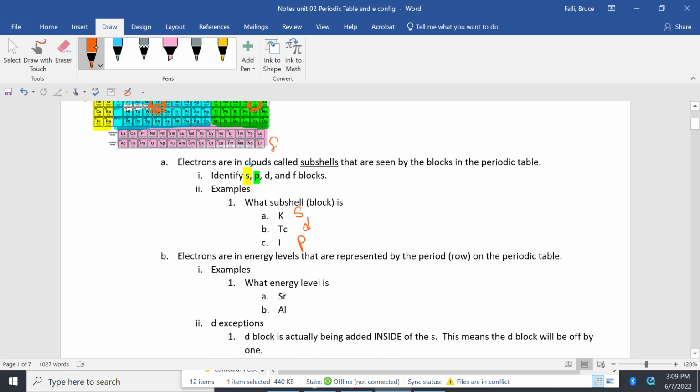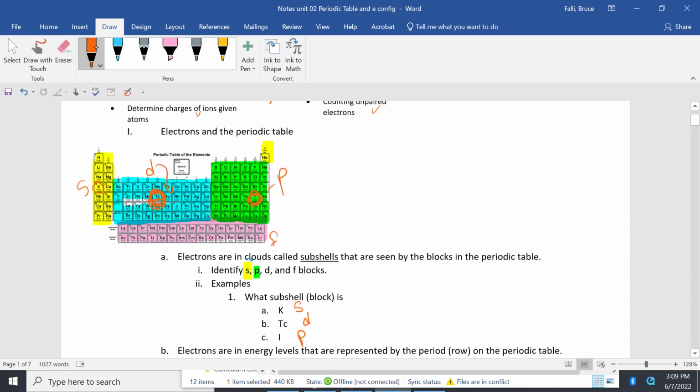Electrons are in energy levels that are represented by the period, which is the row on the periodic table. If I put those here, I'm going to erase my P now. It would be 1, 2, 3, 4, 5, 6, 7. By the way, these guys right here are in 4 and 5.